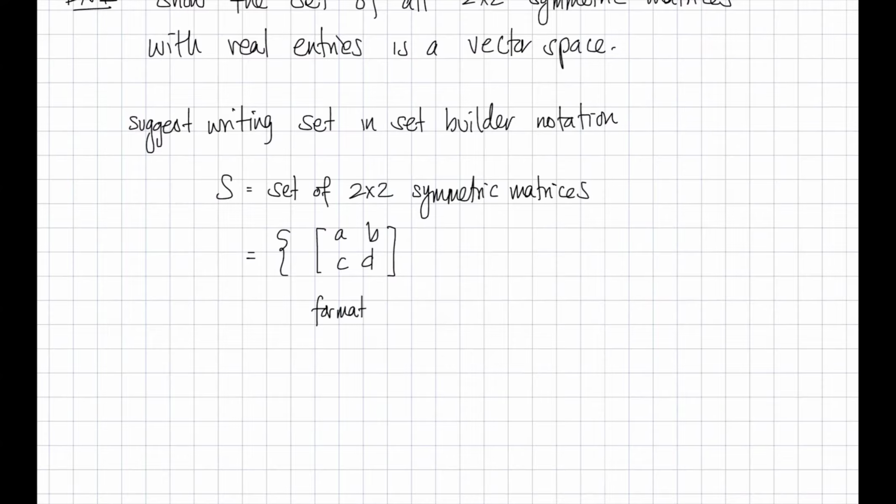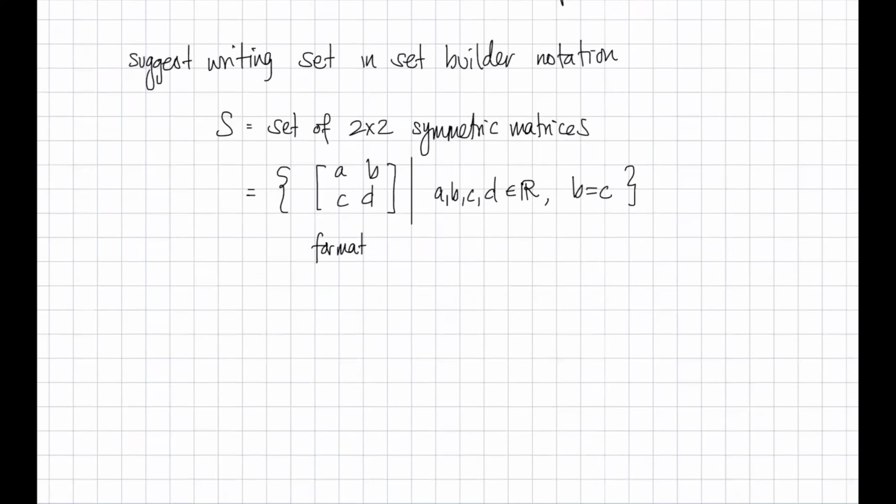That's a 2 by 2 matrix such that A, B, C, and D are real numbers. Those are the real coefficients. And B equals C. That's what it would mean to be symmetric. Because in order to be symmetric, I need that position and that position to be equal to one another by definition of a symmetric matrix from way back in chapter 2.